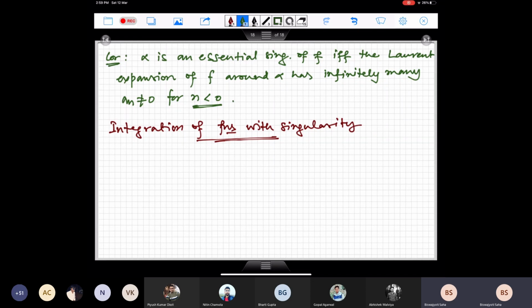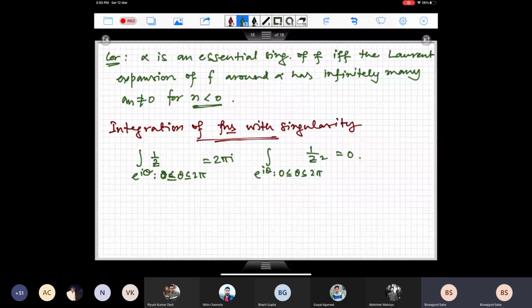What you need to keep in mind is that the integral of 1 over z over e to the power i theta, with theta between 0 and 2 pi, was 2 pi i, right? And the same integral over e to the power i theta of 1 upon z squared was equal to 0, right?